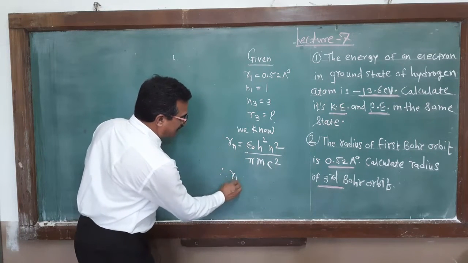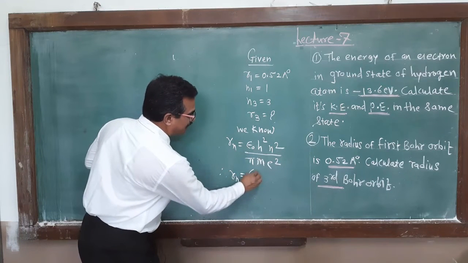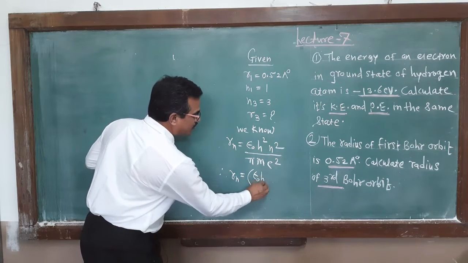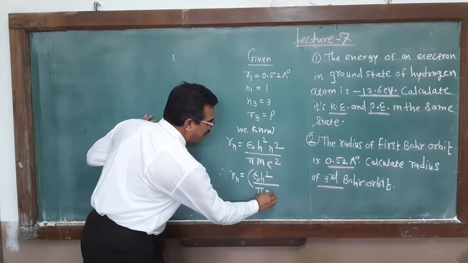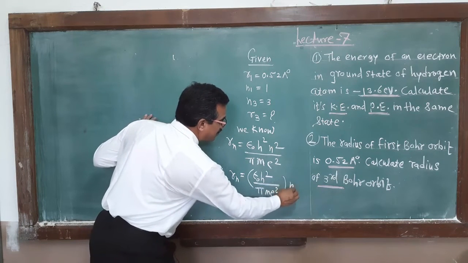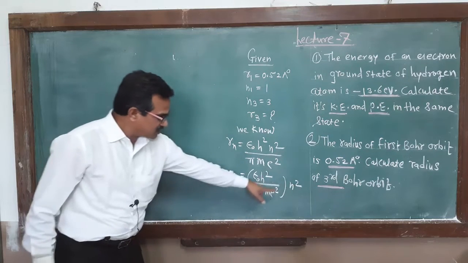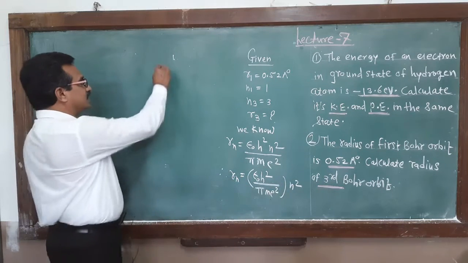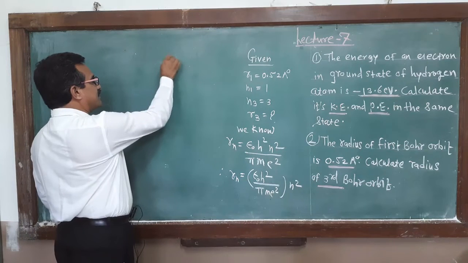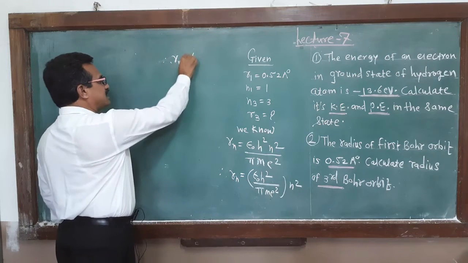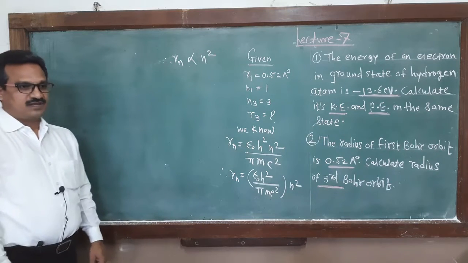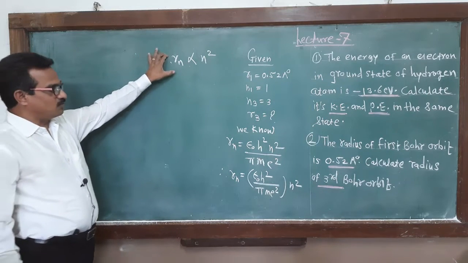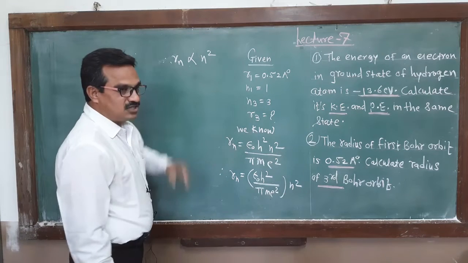Therefore, we write rn is equal to, in brackets, epsilon 0 h square divided by pi m e square, multiplied by n square. All the terms in the bracket are constant. Therefore, the radius in the nth orbit is directly proportional to the square of the principal quantum number. And we use this formula for finding the radius in the third orbit.